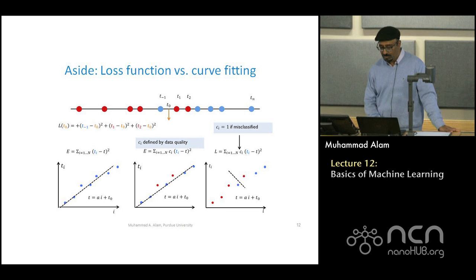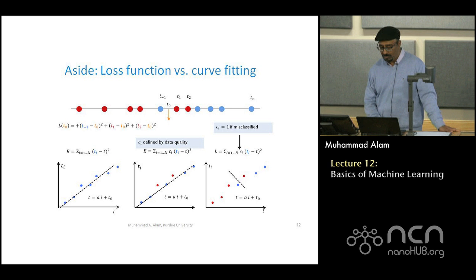And in this case, every point is important to me. Every point is important to me. That's why my prefactor here is 1 when I do the error. But it may be that when you are looking at experiments, some of the experiments are coming from a group which is very reliable, and some are coming from a group which is not very reliable.